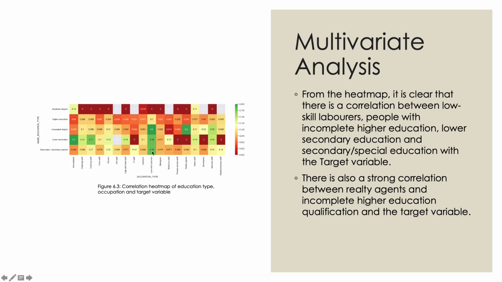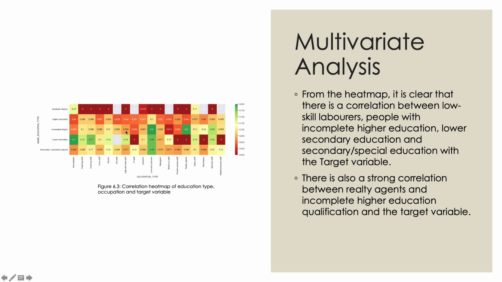We have low skill laborers strongly correlated with secondary school level, which is probably the highest educational level they have, averagely. Also lower secondary school, the same thing, and also incomplete higher. So there's a strong correlation between low skill laborers, lower educational level, and not being able to pay their loans. It's a key factor to look out for.